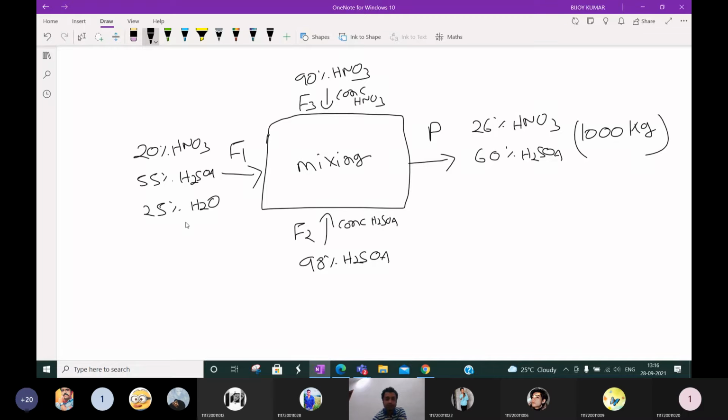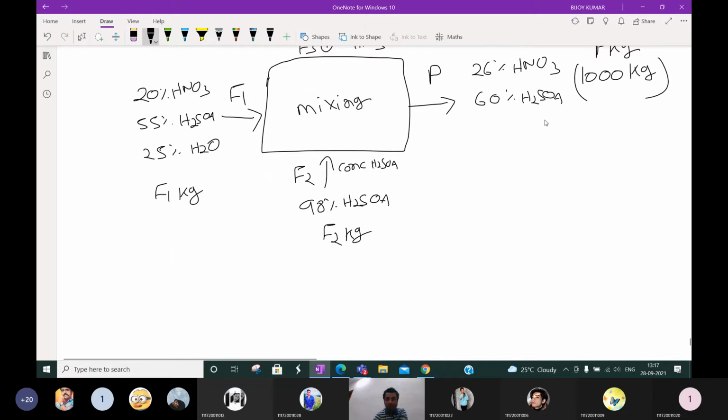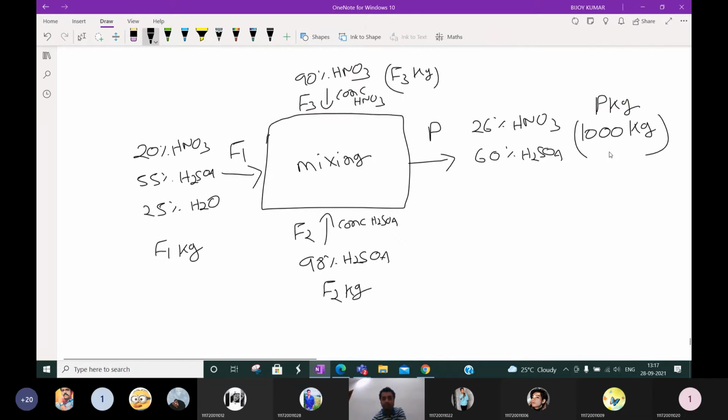Suppose we have F1 kg of this, F2 kg of concentrated H2SO4, F3 kg of concentrated HNO3, and P kg of this desired product. Then what will be the overall material balance?